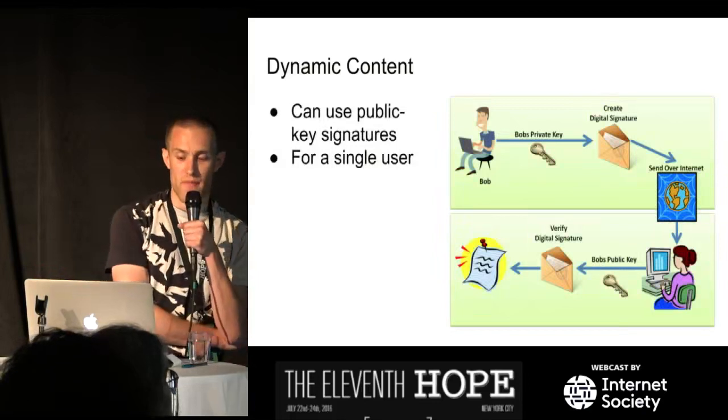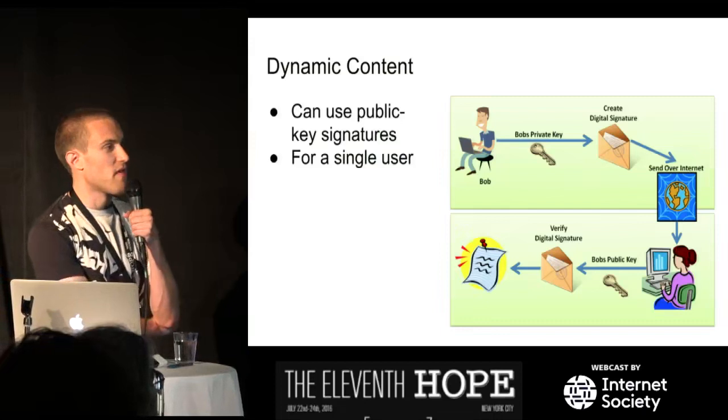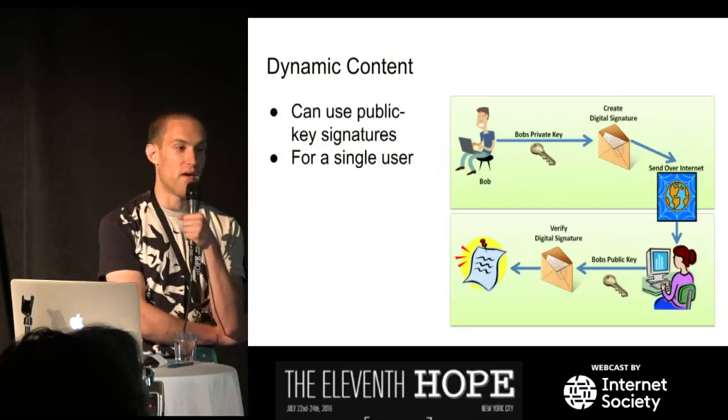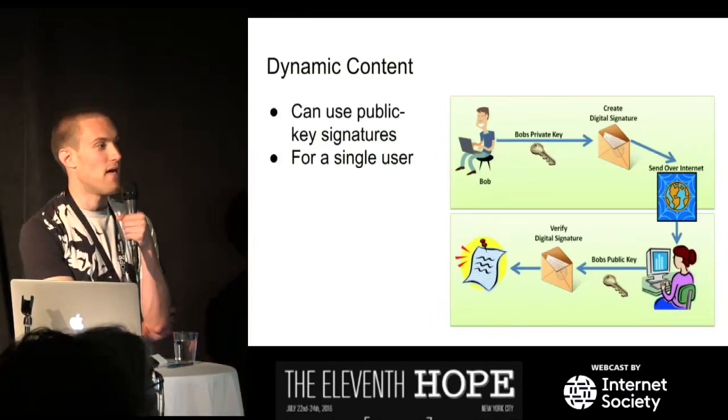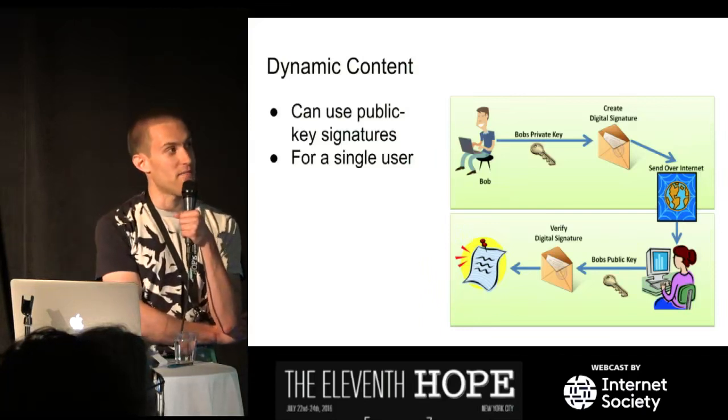One tool that's going to be really helpful for this is called public key cryptography. Generally, how this works, let's say Bob generates a cryptographic key pair with a private key and public key. He gives the public key out freely, but he doesn't show anyone the private key.